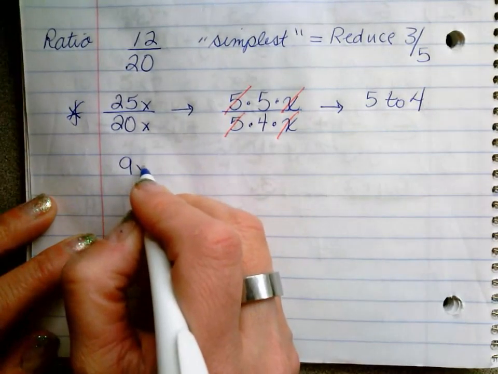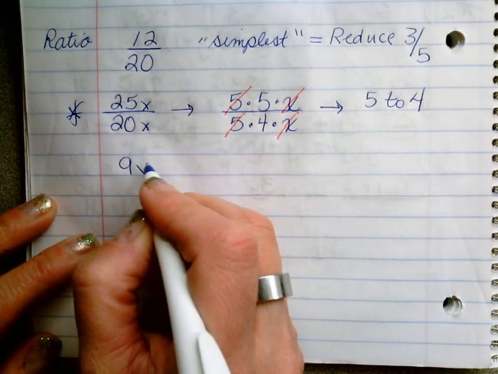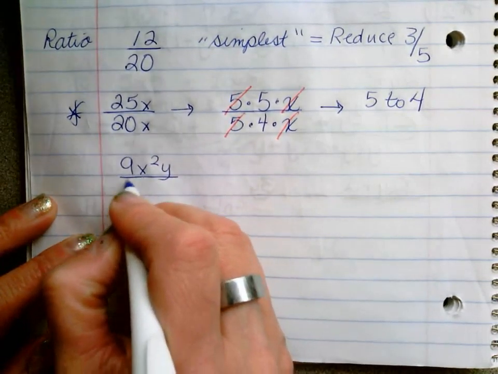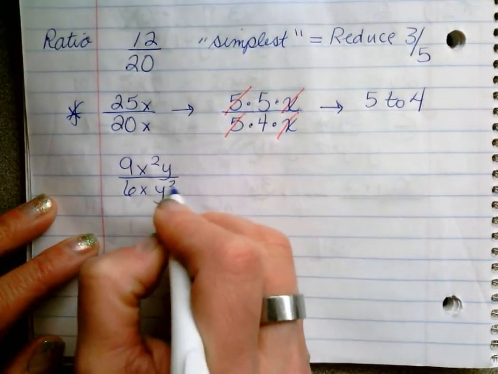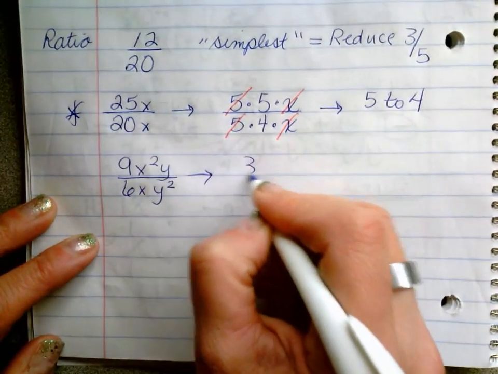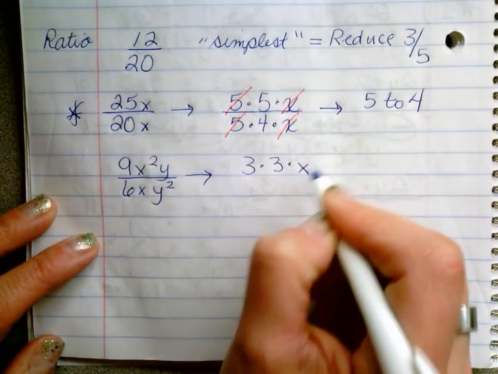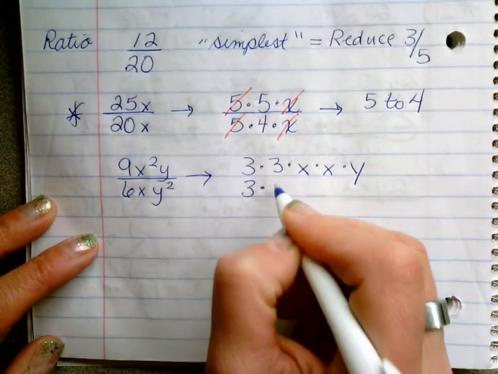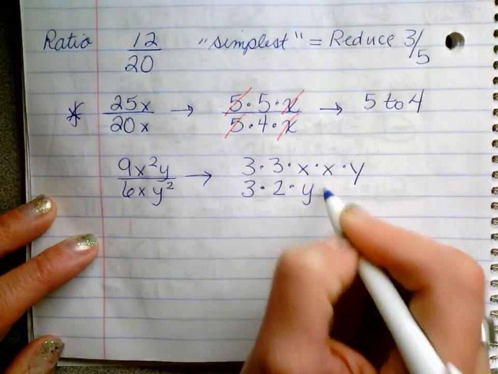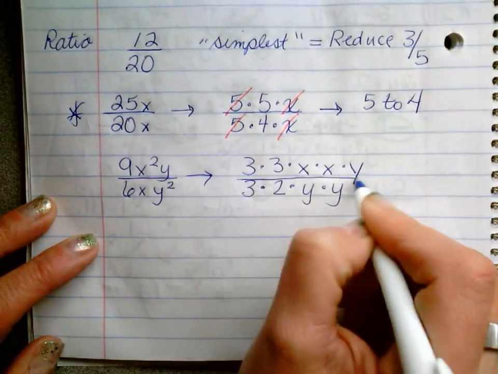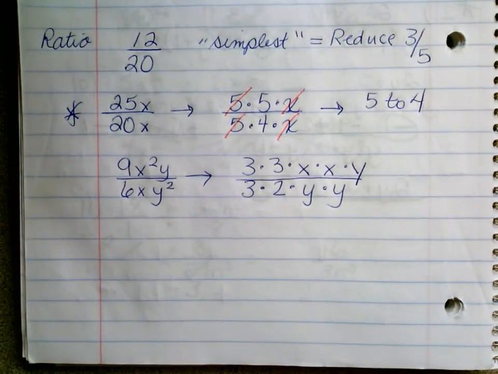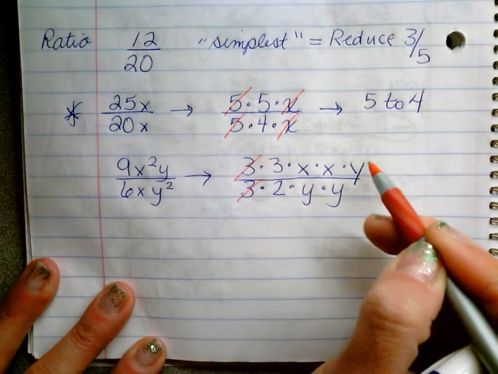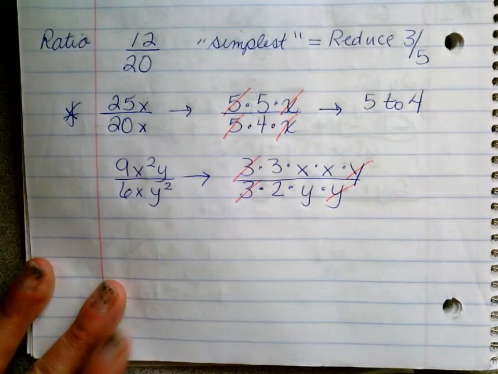C. 9x squared y over 6xy squared. If you stretch this one out the way I did the above, and you look at the factors, you can kind of see that 3's reduce, a set of y's reduce.